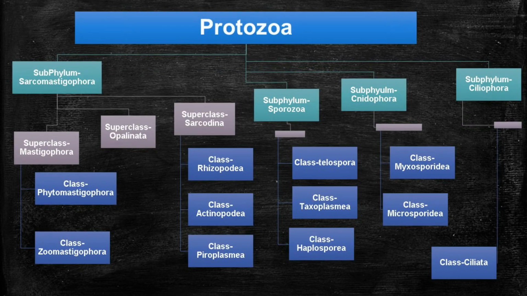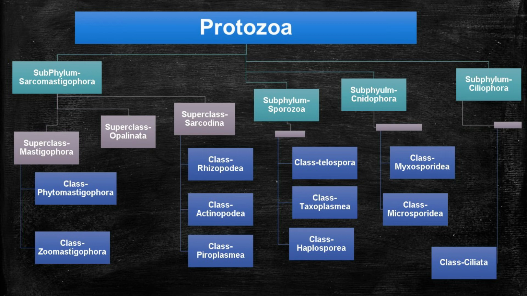So now let's move ahead and see the classification tree diagram, and I'll be focusing on phyla here. This particular phylum Protozoa has four subphyla, and then further it has superclasses and classes.